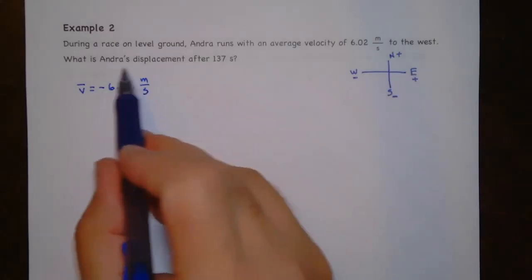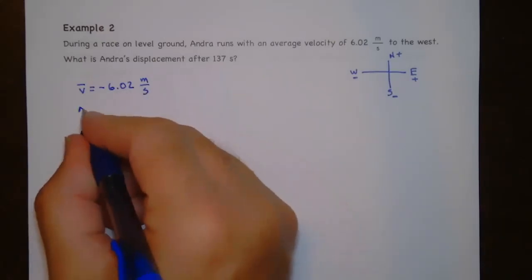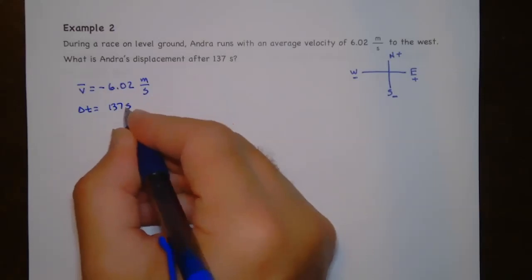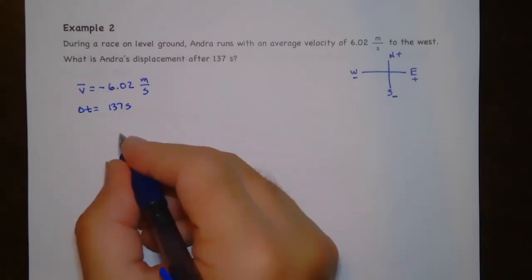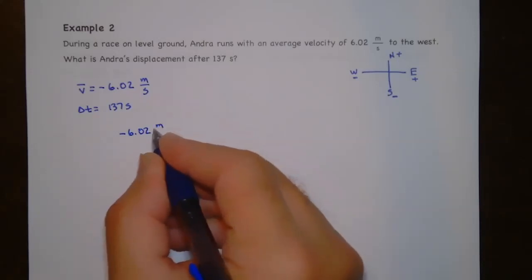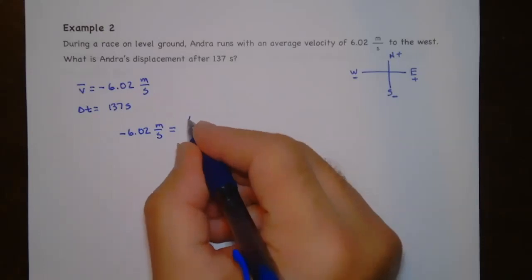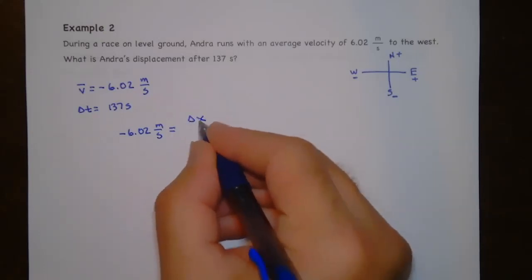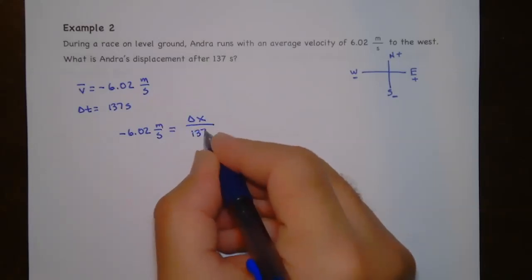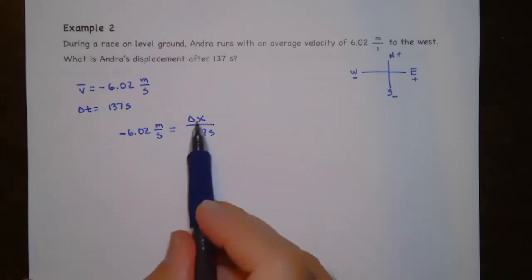So I know that, and I know my delta T. My delta T is 137 seconds. So what we have is negative 6.02 meters per second, that's the average velocity, has to equal my displacement, which I'm going to call delta X, over the change in time, which is 137 seconds. Now how do I get this delta X?